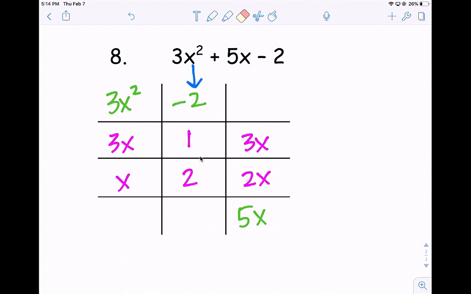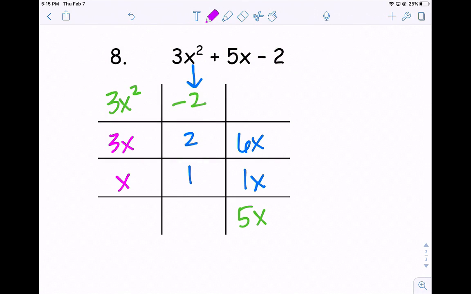So that didn't work, so now I'm going to go back and switch these. Instead of 1 here and 2 here, I'm going to put 2 on top and 1 on the bottom. So now 2 here and 1 here, multiply across. 3x times 2 is 6x. X times 1 is 1x. So to get 5 out of 6 and 1, you actually have to subtract 1.